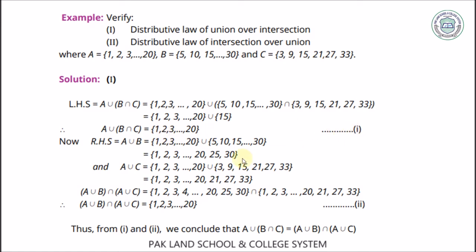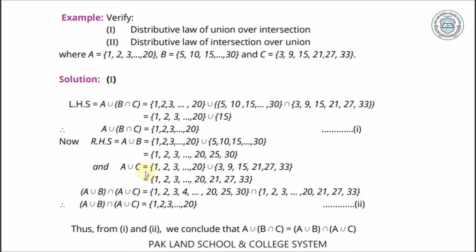It's equation 1. Right hand side equals (A union B) intersection (A union C). A set is 1, 2, 3 up to 20, union B set. We take the union of A and B, all elements we write, with the common elements represented once: 1, 2, 3 up to 20 and 25 and 30.